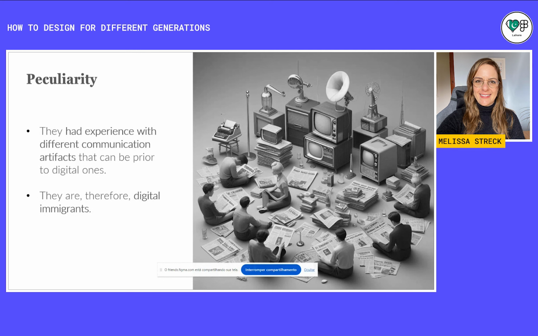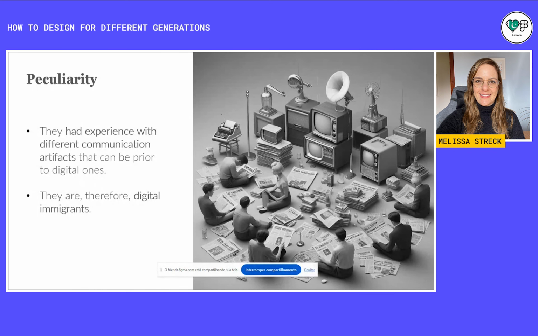A peculiarity of this generation is that they had experience with different communication artifacts prior to the digital ones, and they are therefore digital immigrants. This is a picture generated by AI.